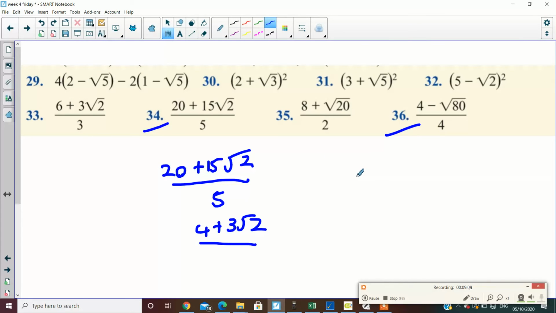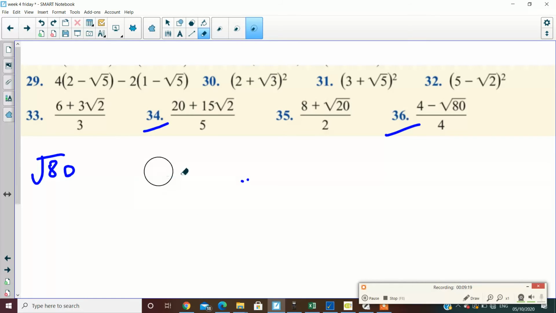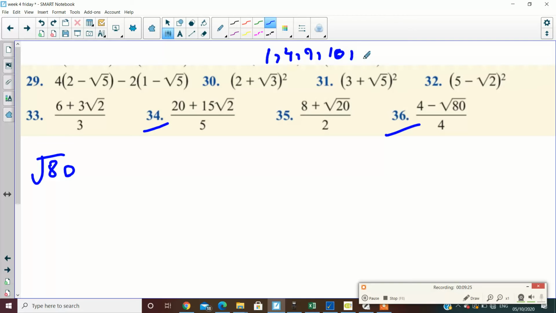Now, anybody have any guesses what you can change root 80 into? Think of your special numbers. What are your special numbers? 1, 4, 9, 16, and 25. Any ideas? Root 16 and root 5, yeah?